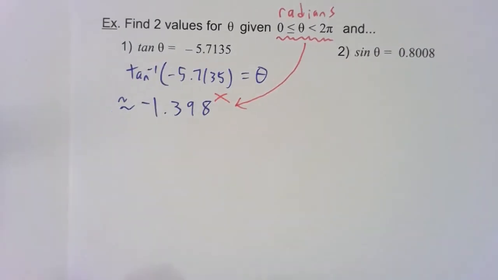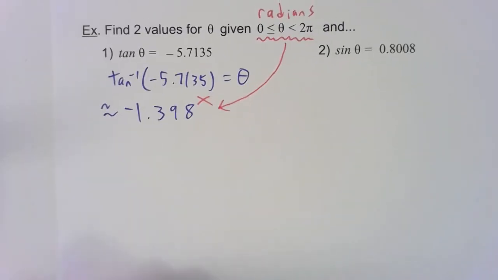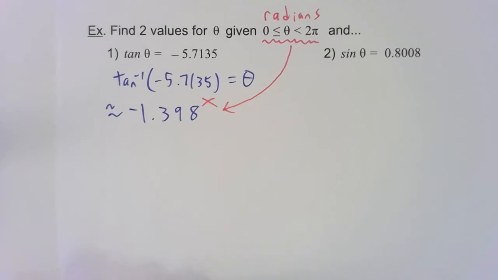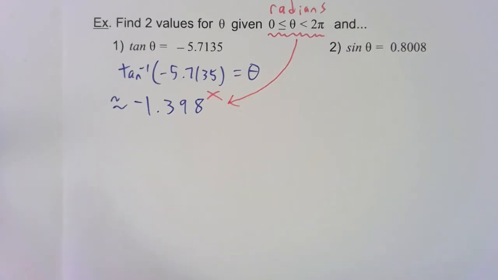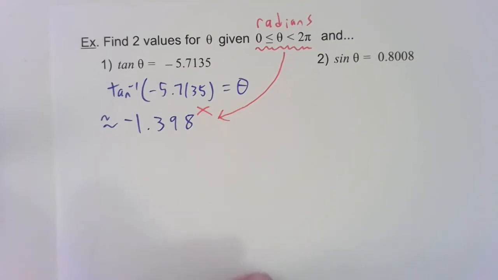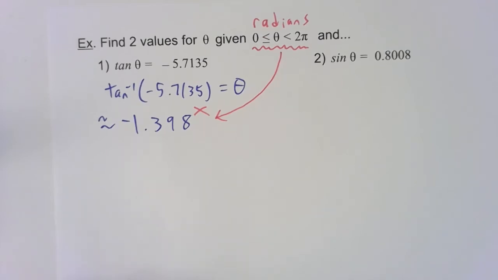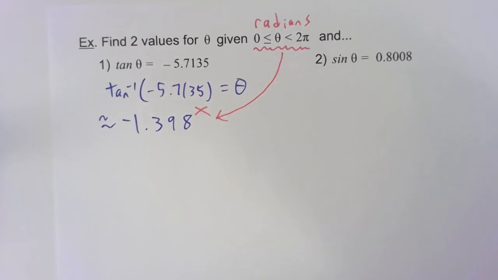Okay? So here's the thing. What we want is basically the same angle, but positive. We want an angle in the same spot, an angle that would have the same terminal side, the same reference triangle, the same reference angle. Everything would be the same, except it would rotate differently. That's those coterminal angles.